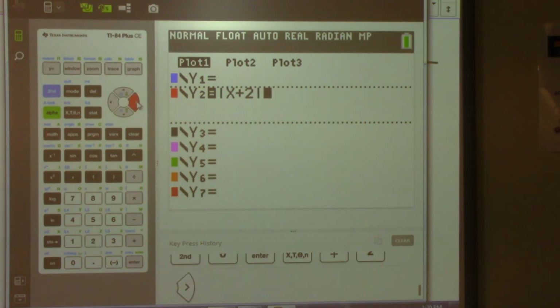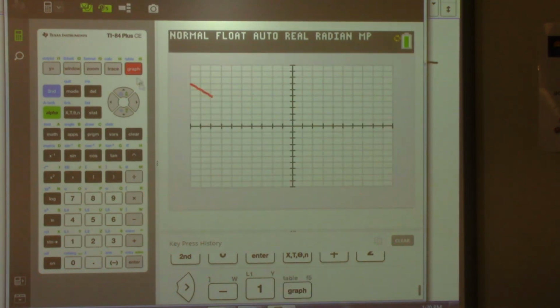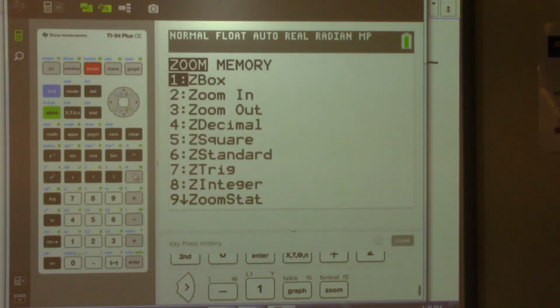On the outside of it, we would put minus 1, right? So is that right? So we graph, and here the way I have it marked, I have these marked by 1s. So the function's decreasing all the way to x equals negative 2. So that's right, isn't it? Then increasing greater than negative 2. And if I go to zoom square, we're going to see a more accurate picture.